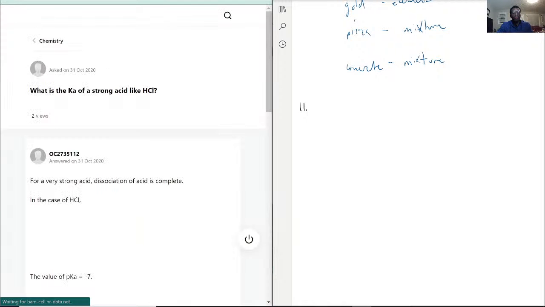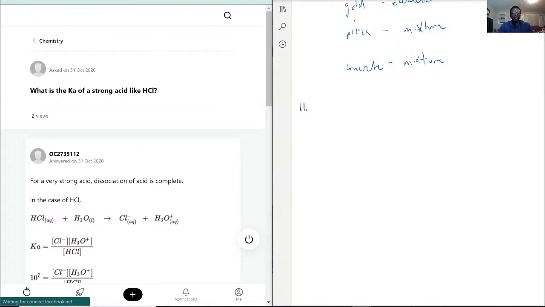So we have: what is the Ka of a strong acid like HCl? So if you remember, tricky. The Ka of a strong acid like HCl.